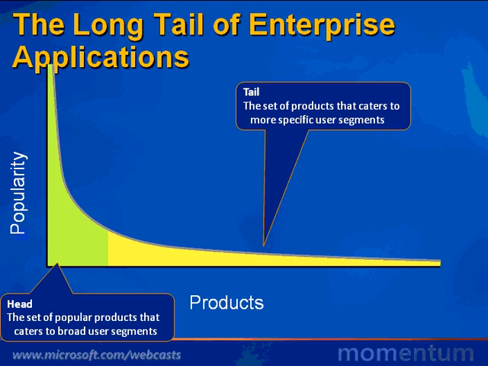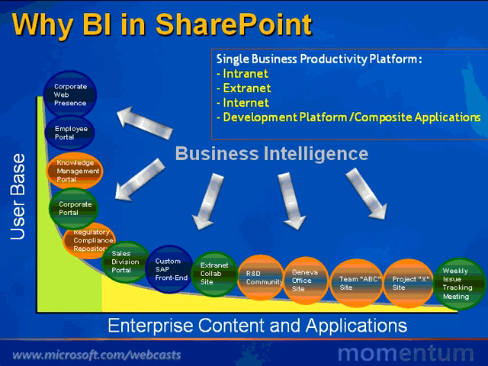And when we talk about the long tail of enterprise applications, it's really about how do you manage the business requirements to enable the business to do the things that they want to do, such as set up their wikis and blogs, set up their team sites, be able to communicate across groups and collaboration, as well as manage the core systems that drive your content management, your corporate portal, your data warehouses, and so on.